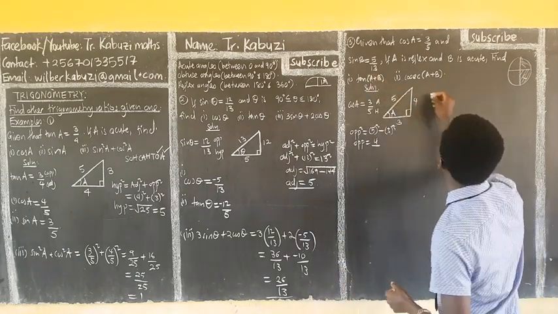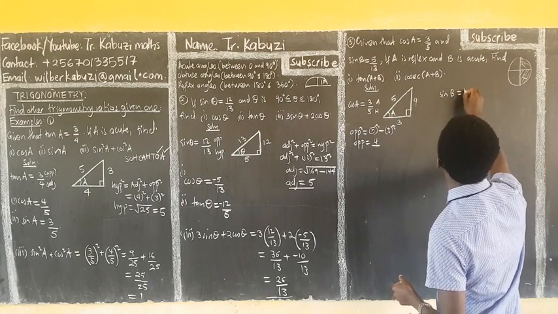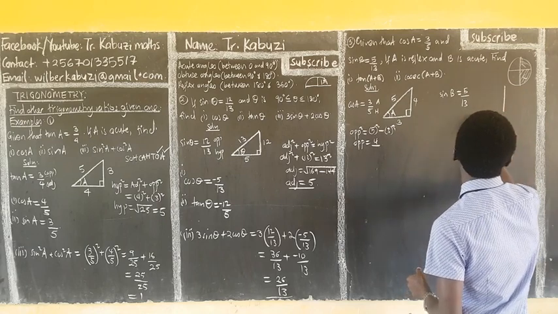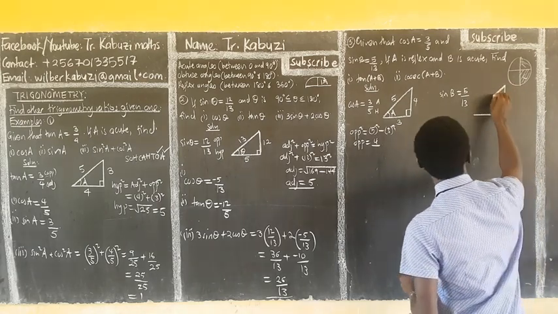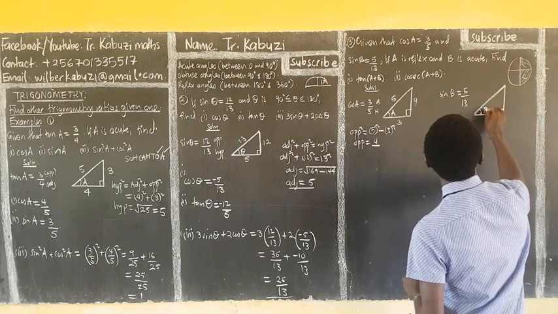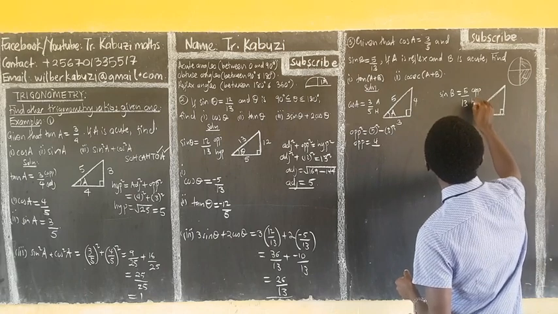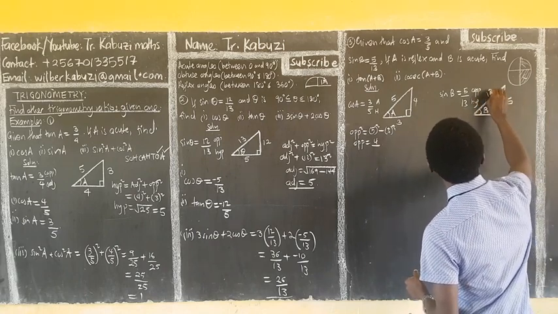Then I come to this. Now I have my sin B equal to 5 over 13. Immediately I draw my right angle triangle. So this is my B, this is my opposite, this is my hypotenuse. So my opposite is 5, hypotenuse is 13.